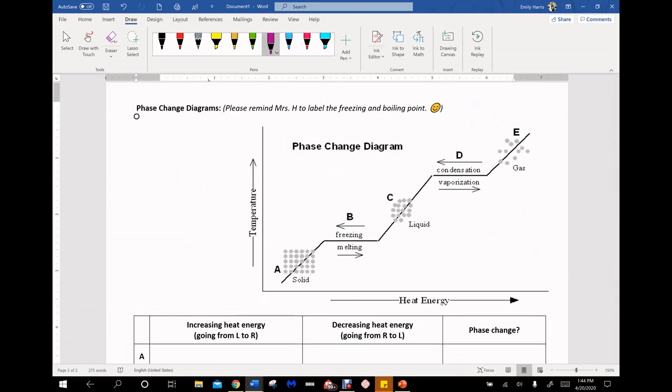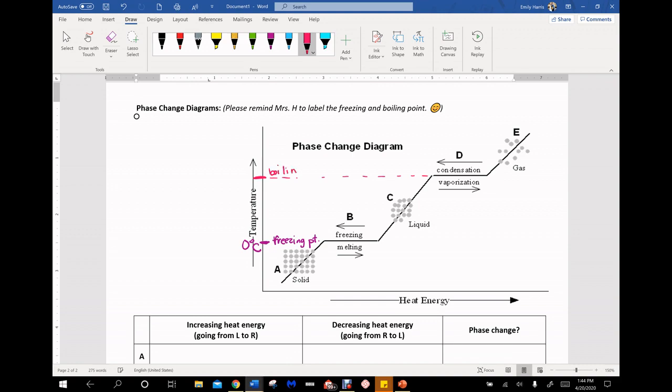All right, so on to the second page. And here it's already labeled for you, solid, liquid, and gas. But what I do want to pencil in is the freezing point, and that's just the temperature at which something freezes. For water, that's 0 degrees Celsius. And then I also want to pencil in the boiling point, which would be the temperature at which it boils or vaporizes.